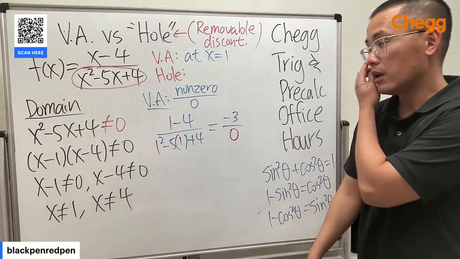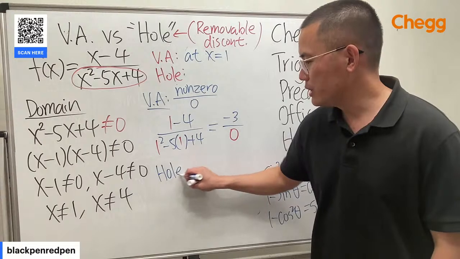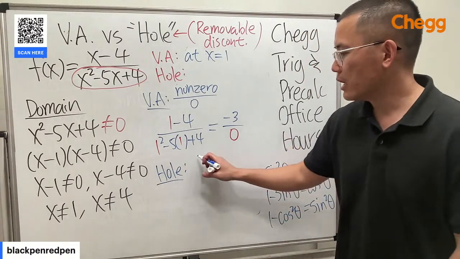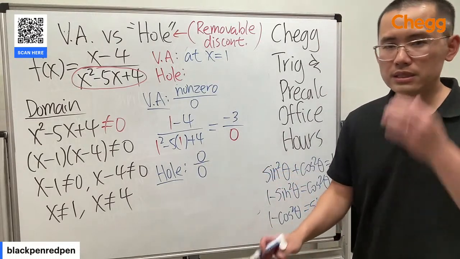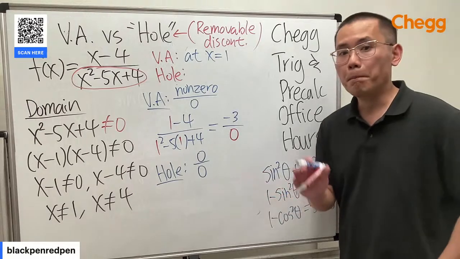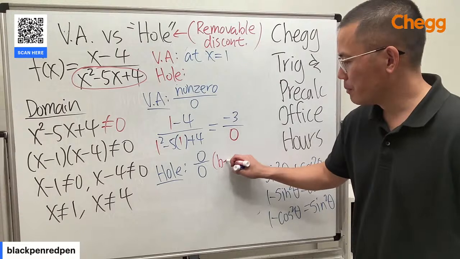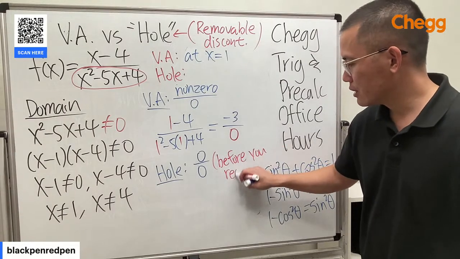And then for the hole, usually you wouldn't get super tricky questions. So I think this is all you have to be careful with: for the hole, you should get 0 over 0 before you reduce. Just keep in mind, before you reduce.